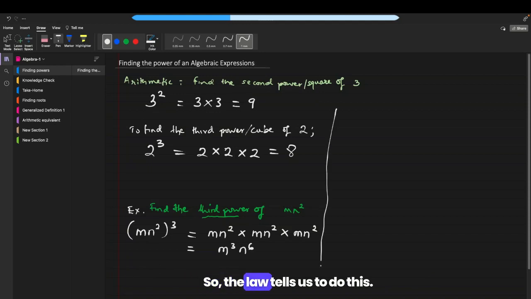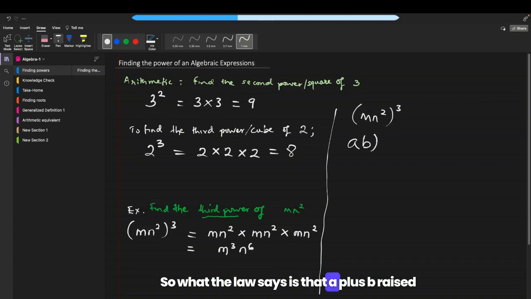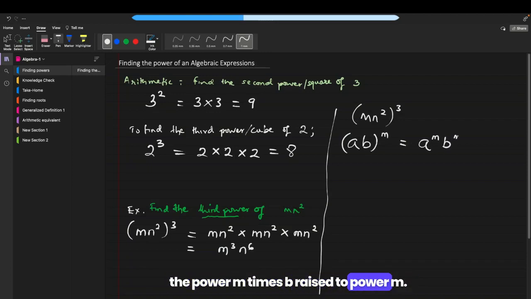So the law tells us to do this: mn squared all raised to power 3. What the law says is that ab raised to power m will be equal to a raised to power m times b raised to power m. That means we're distributing the exponent m over the base a and the base b.